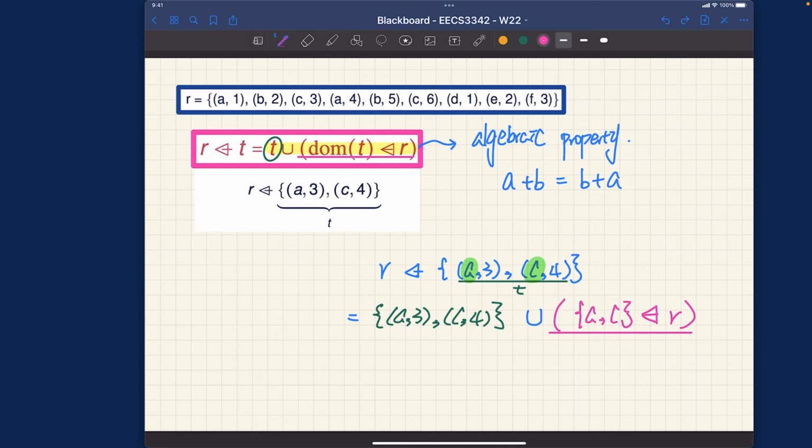You can see here we got A and C, A and C. A here, C here, A here, C here. Anything else, right? You can see all the other pairs that are left, the first element is neither A nor C, right? So these will be the ones to get rid of, and these ones will be the ones to really collect, right?